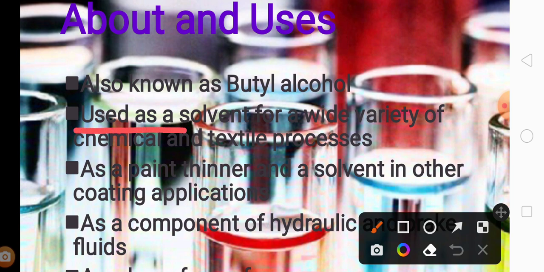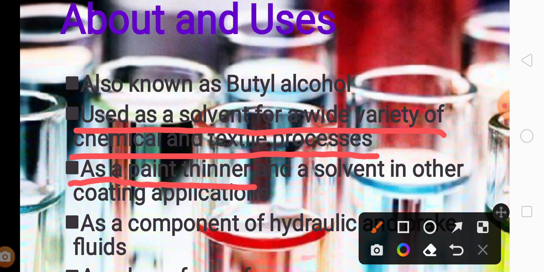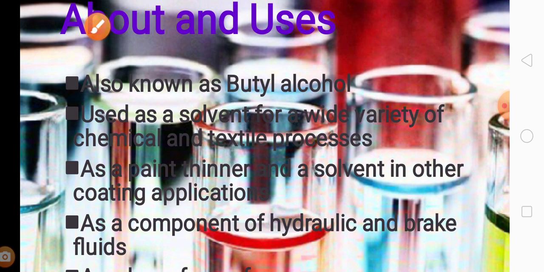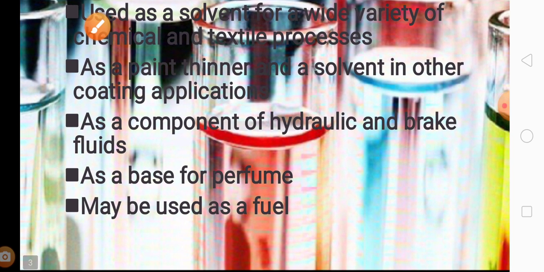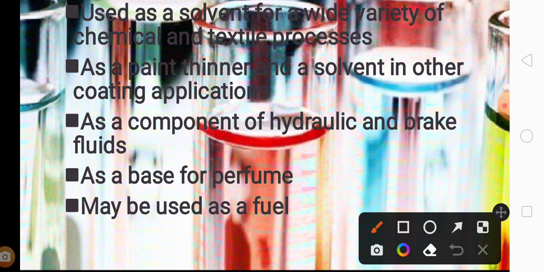Butanol has been used as a solvent for a wide variety of chemical and textile processes. It is also being used as a paint thinner and a solvent in other coating applications. Butanol has also been a component of hydraulic and brake fluids.